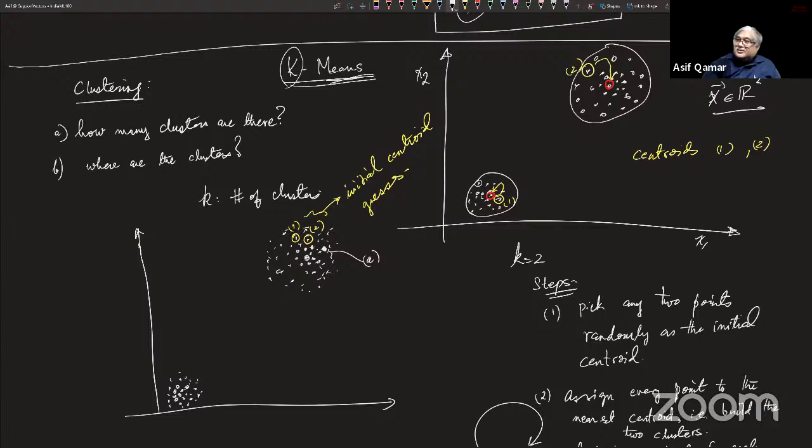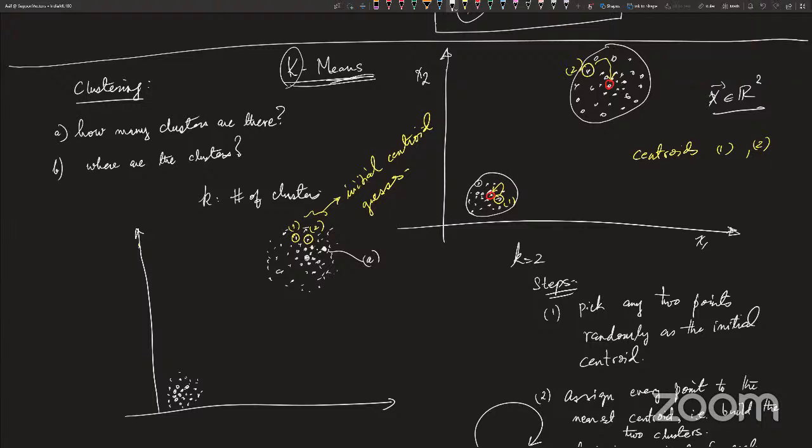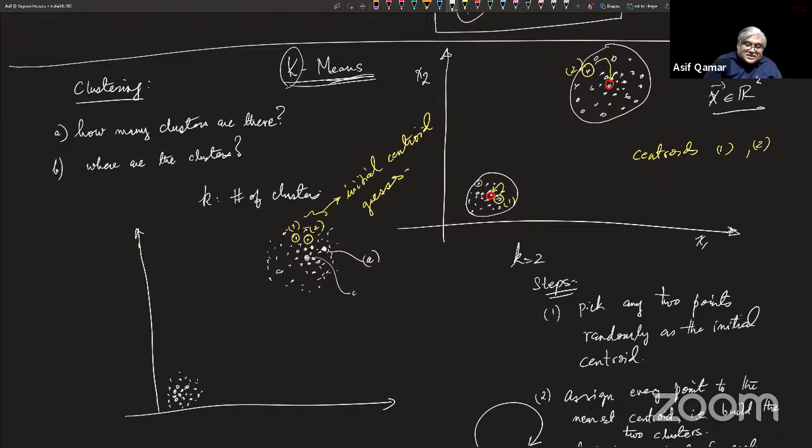It also belongs to two. But what about, let me just call this C, what about this point D? Which centroid does this belong to? One, exactly. So you have switched over.